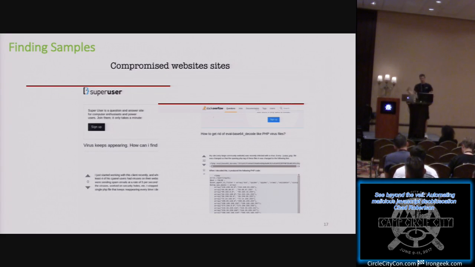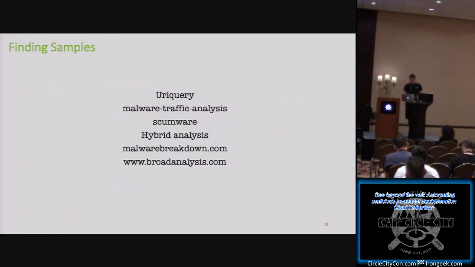And you can pivot, either in Google or in VT, to find other examples of that same code that has been posted on compromised websites, which are then doing the tier 2 connection back to where these kits are being hosted. That's all interesting stuff too, but that's not really the point of what we're doing here. We're just doing the landing page deobfuscation. There's a bunch of other sites you can get stuff from, like URLQuery, and everybody's familiar with all these sites. These are all at the end of the presentation too.